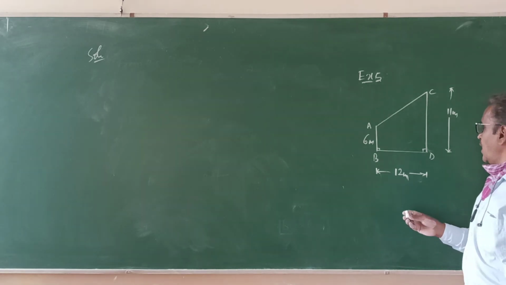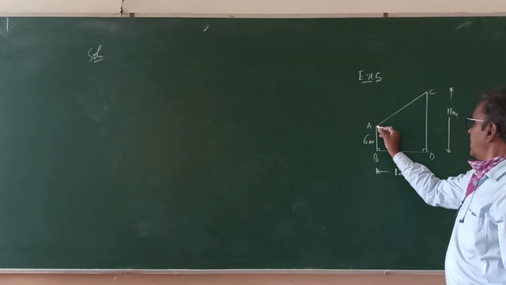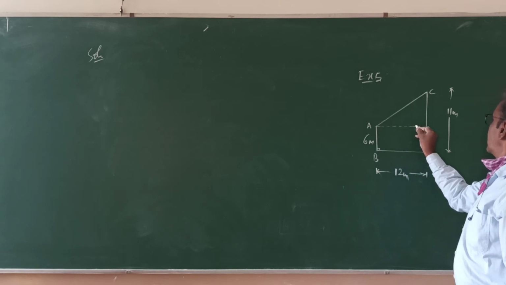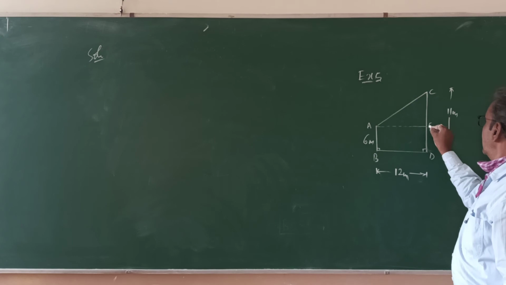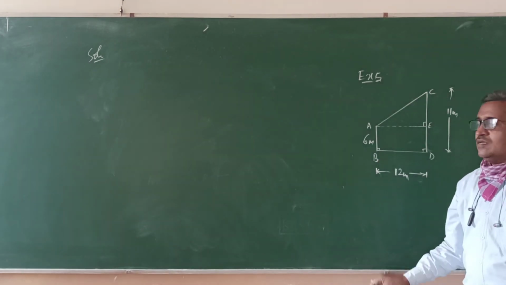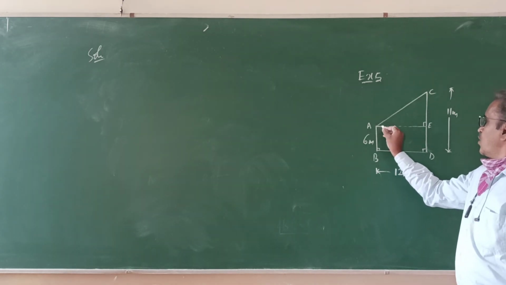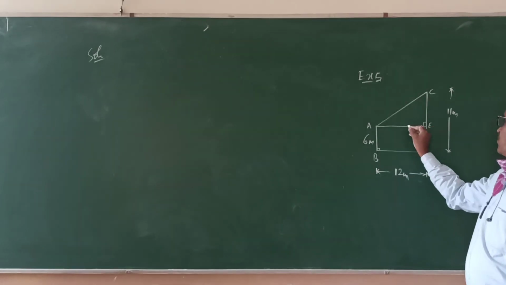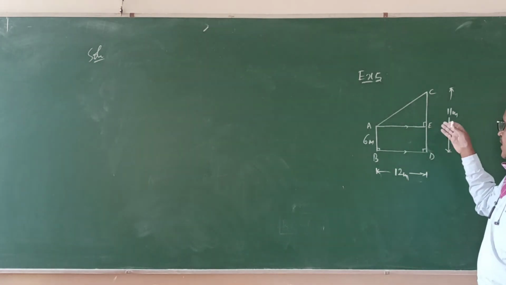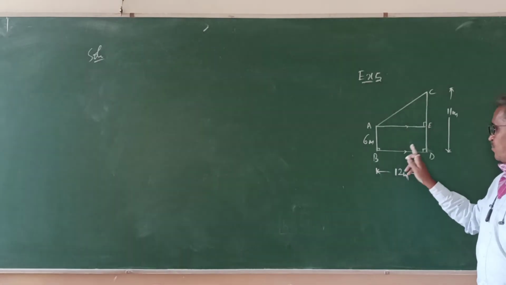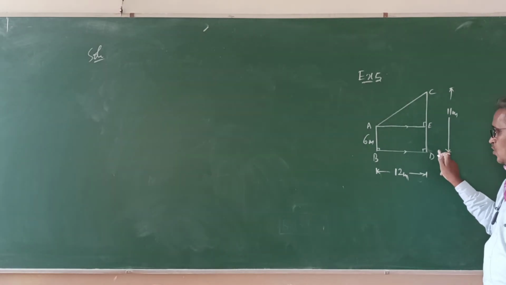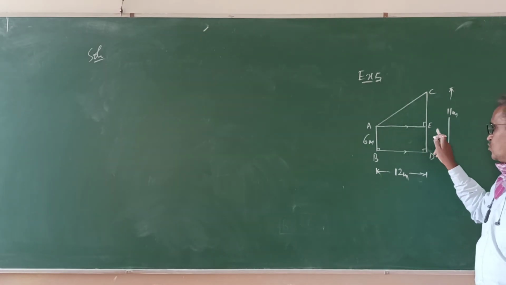So through A, draw a line parallel to BD, which cuts CD at E. So AE parallel to BD is perpendicular to CD, so automatically AE is also perpendicular to CD.